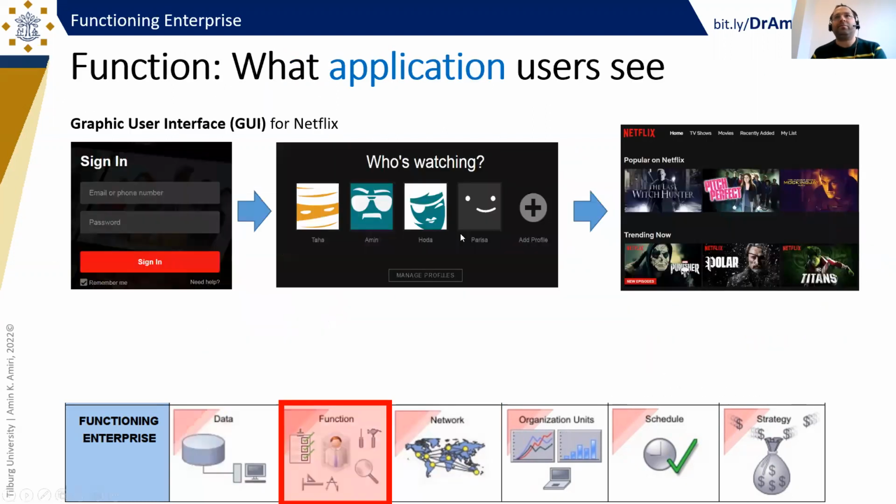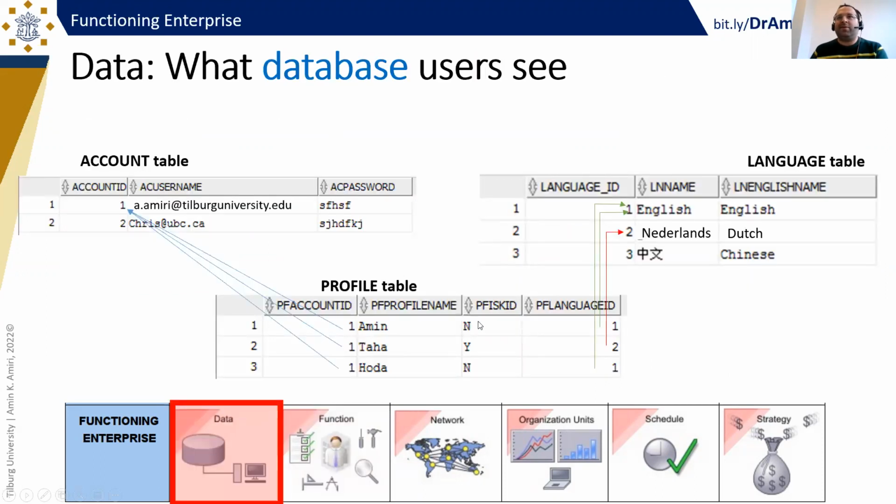And then you just saw that after you provide username and password for an account, you have seen four profiles. You see here, this is my son, my wife, and myself, and this is my future kid. So this person, which is me, Amin, and my son and my wife, we all belong to this account. When we see 111 here, this means account ID number 1.